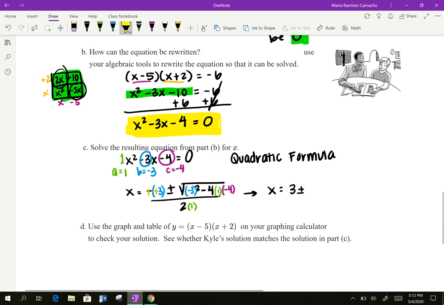I'm going to put this entire thing in my calculator. If you're going to plug in like I'm doing, make sure that you keep the parentheses and you keep the signs. So what you can't see is that on my own calculator, I'm doing the square root of parentheses negative 3 squared minus 4 parentheses 1 parentheses negative 4.